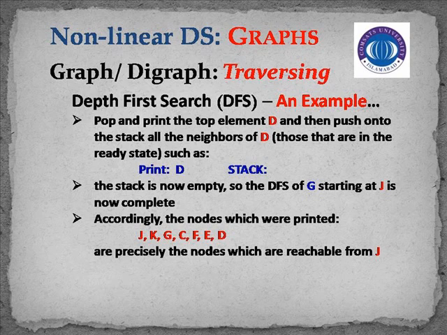Therefore, the depth first search algorithm of G starting at J is now completed. Accordingly, the nodes which were printed are precisely the nodes which are reachable from J. These nodes include J, K, G, C, F, E, and finally D.